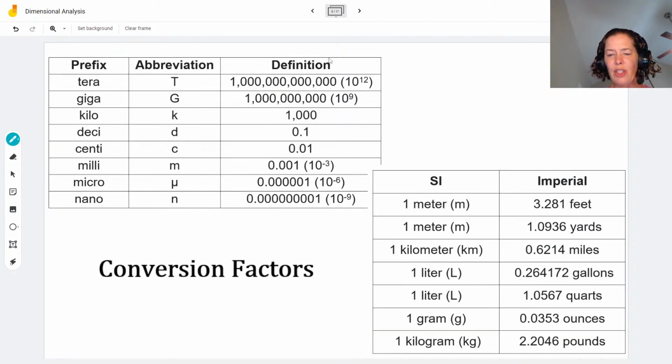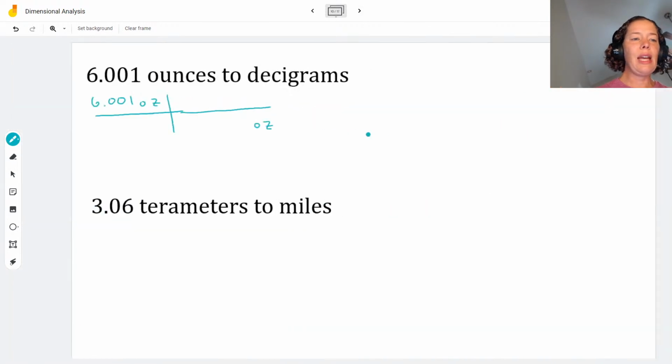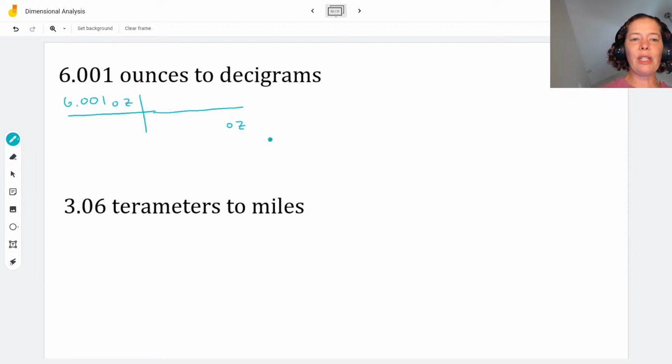Okay, so ounces to decigrams. Here's an ounce conversion, so I can go ounces to grams, and then of course deci is just a 0.1, so we can go to decigrams. So again, a 2-step conversion factor here. So we're going to go ounces to grams, and then we're going to go grams to decigrams.